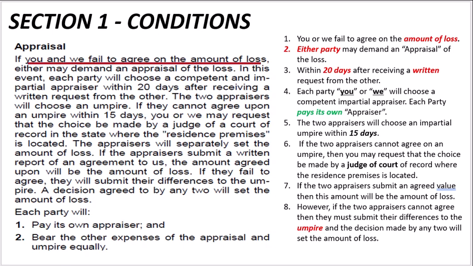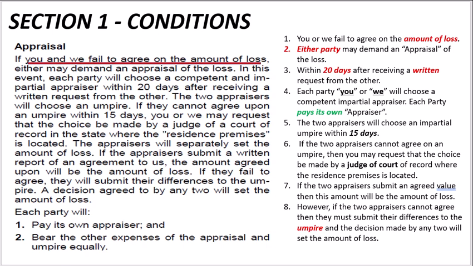Well, then that insurance company appraiser is going to sign the award, and then the umpire is going to sign the award, making it binding. So any two of the three, or two, maybe they don't need the umpire, but there needs to be two signatures on the appraisal award to make it binding.